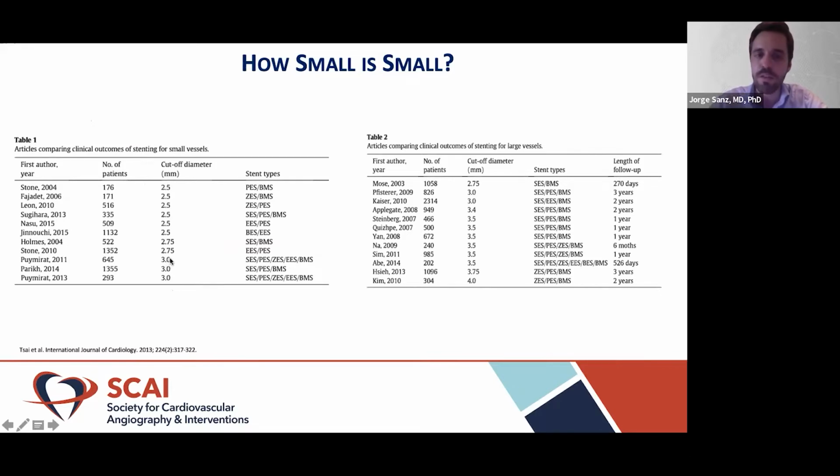And these values overlap with those of patients undergoing PCI for large vessels, as some trials also use a cutoff diameter of 2.75 and 3.0. So this contributes to a high heterogeneity and an important source of bias when we want to compare different treatment strategies for the management of these patients.